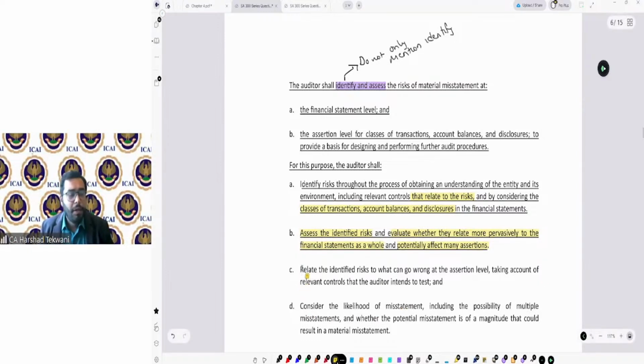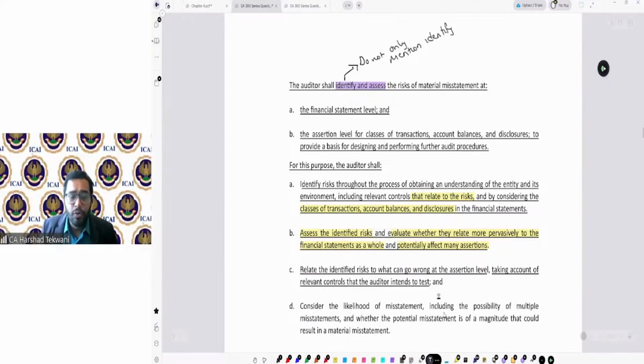Okay. Then what is next is that relate that identified risk to what could go wrong at the assertion level that we did in Excel, taking account of the relevant controls that the auditor intends to test. Relate the identified risk to what could go wrong at the assertion level.